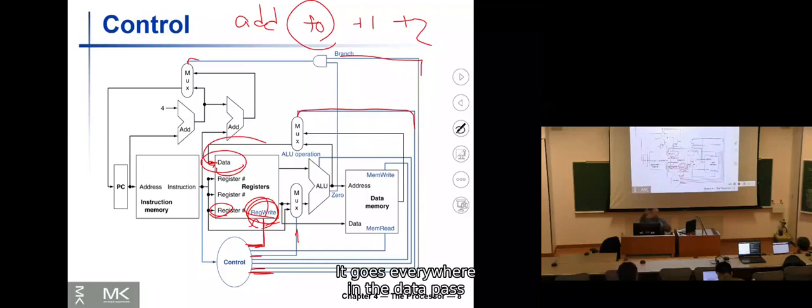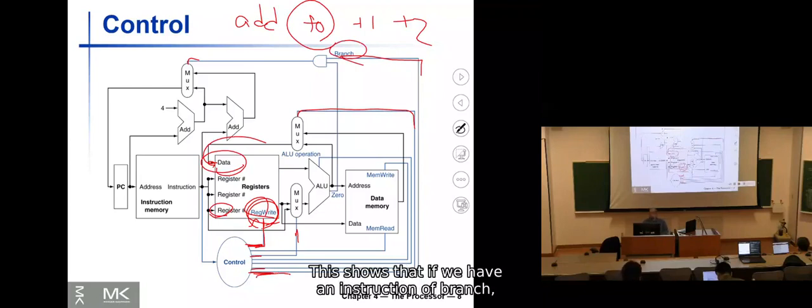It goes everywhere in the data path to control the flow of data, which data should go where, and what should be done. For example, this one, you see this is branch, which is coming from here.